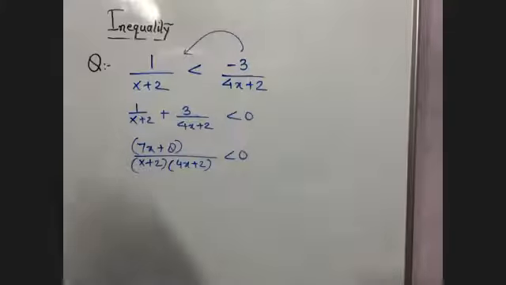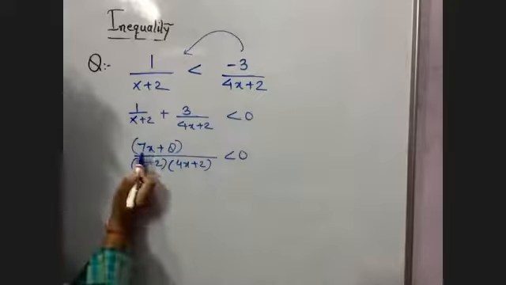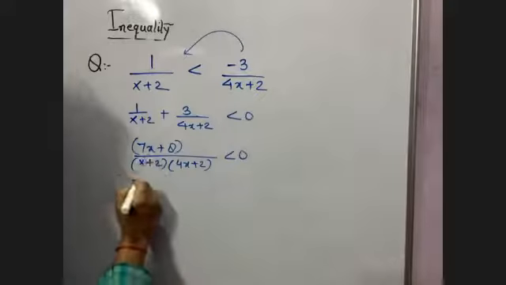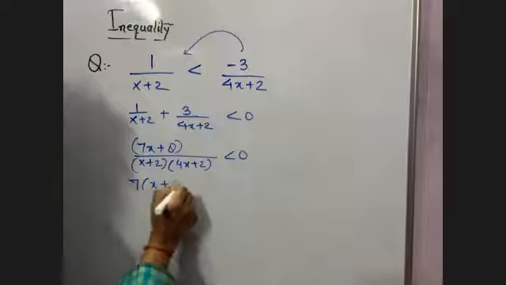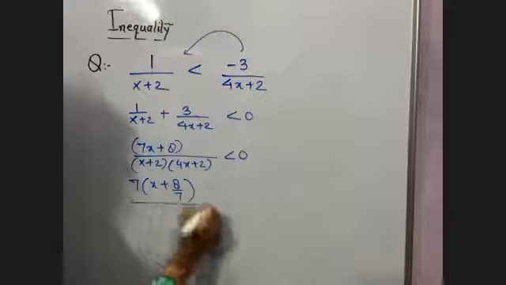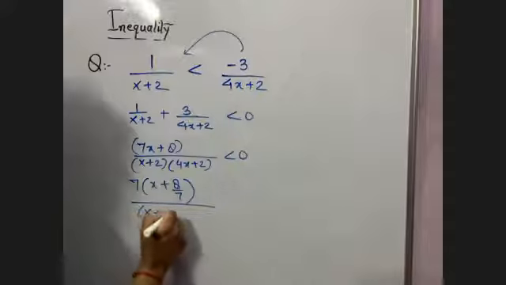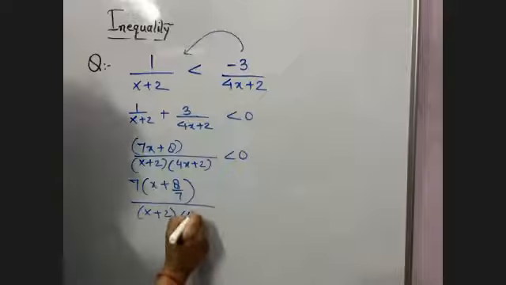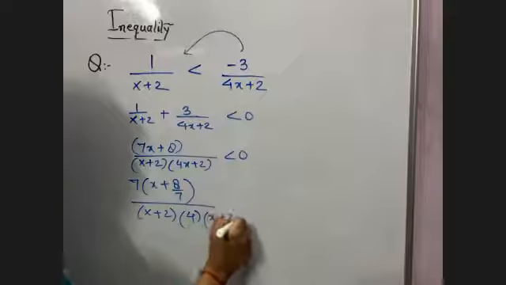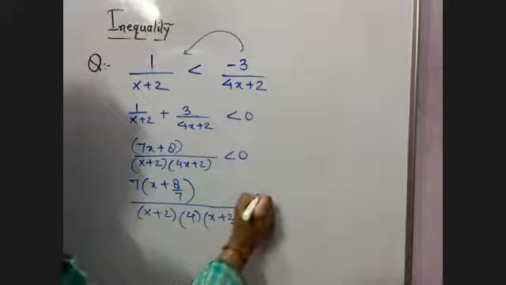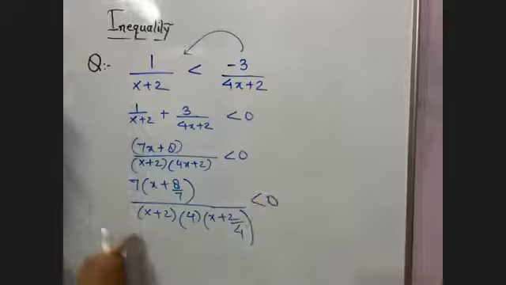Now, look at this, the coefficient of x is not 1. To make it 1, take 7 as common. Take 4 as common. Any doubt till here, beta?